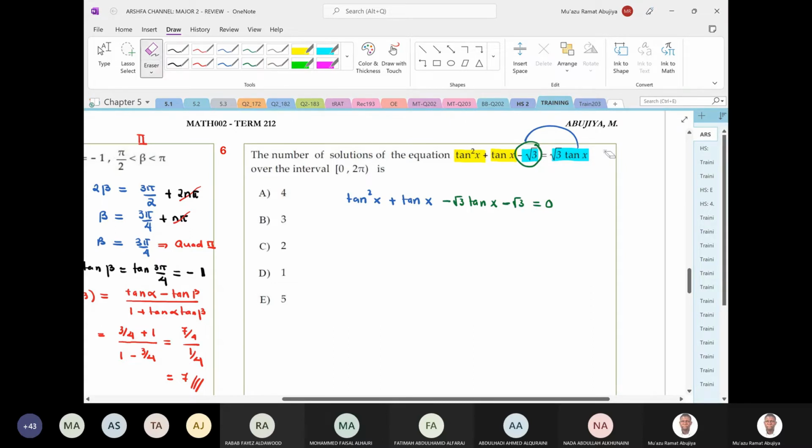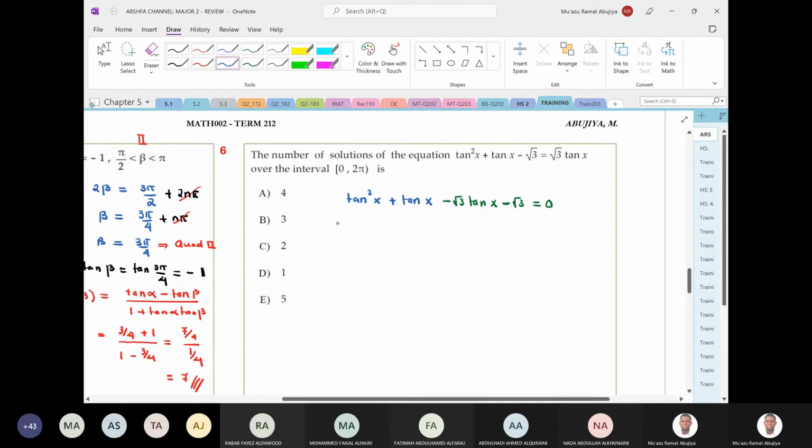Now you see, if you can remember, in 001, when we have more than 3 terms, we always think of grouping. Similarly here, we have more than 3 terms, so we should be thinking of grouping. Now if we try to group, you will agree with me that tangent here is going to be a common factor, and here negative root of 3 will be a common factor. So let us deal with it.